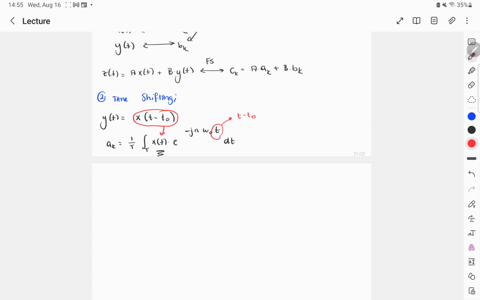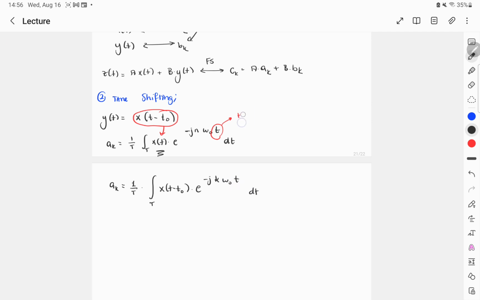Let me write a_k equals 1 over T times integrated over T, x(t minus t0) e to the minus j k omega t dt.